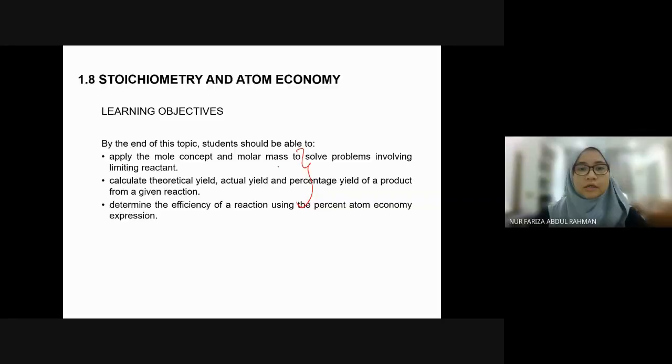To cover all of this learning objective once you have completed the subtopic. Okay, all right. So this is one of the most important subtopics in topic 1. Okay, stoichiometry.